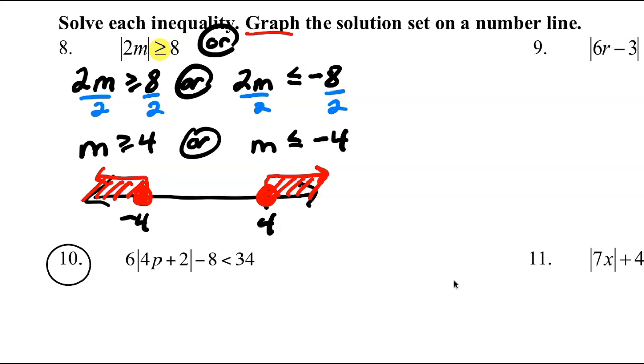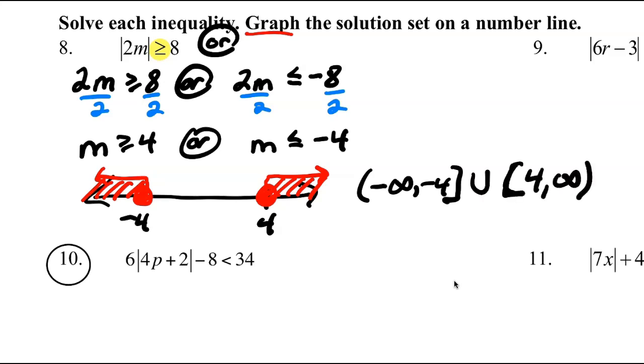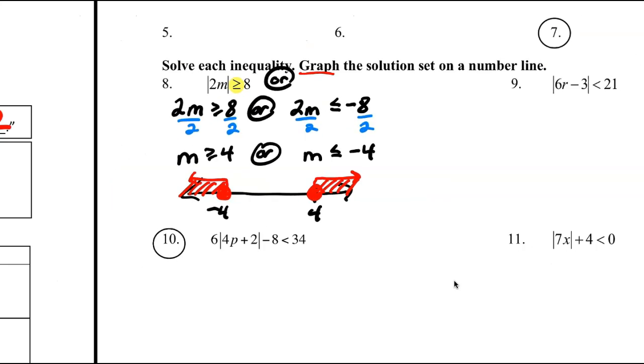The directions didn't say to do interval notation, but I'll throw it at you anyway. The interval notation would be negative infinity to negative 4 with a bracket, or bracket 4 comma infinity. But the directions didn't ask for that, so I guess I'll get rid of that.